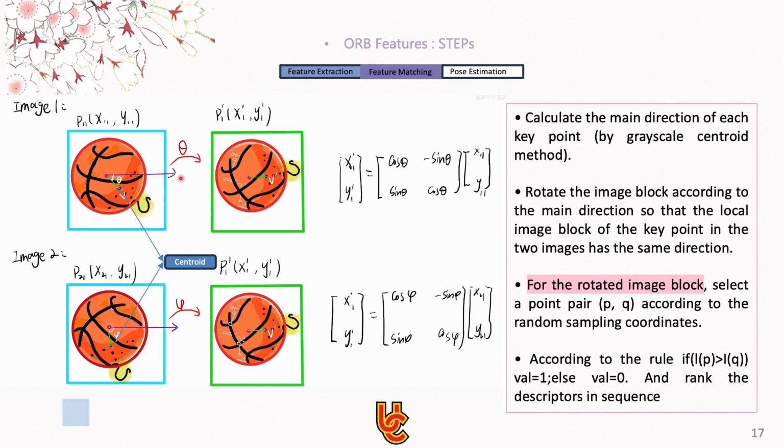For the rotated image block, like the green circle one, the BRIEF descriptor pairs are fixed for all images, so we select PQ pairs like here. Then, according to the rule, if IP is larger than IQ, the value equals 1, else the value equals 0, and we arrange the values 0, 1, 1, 0, 0, 1 like this into one list.